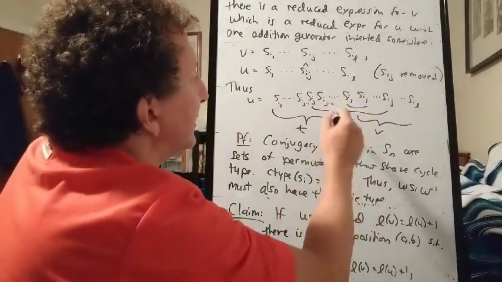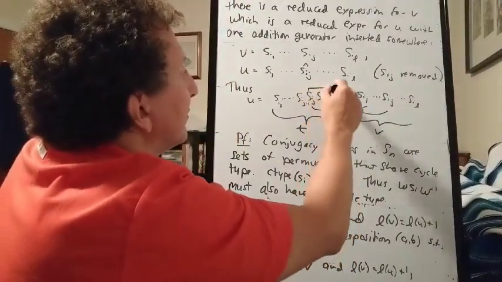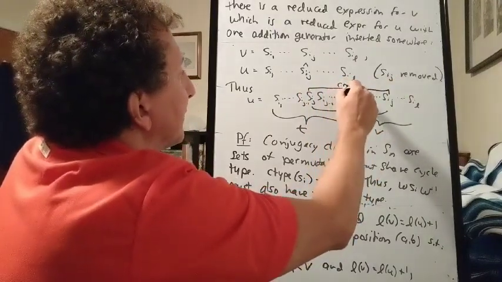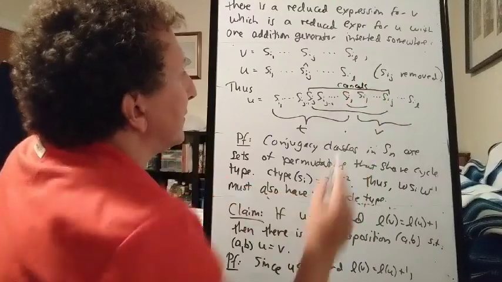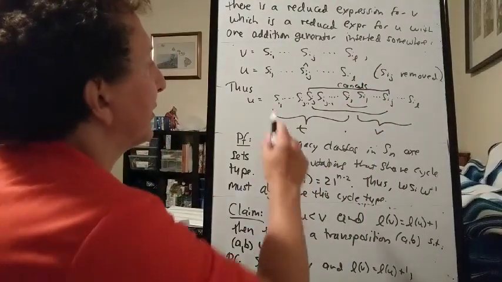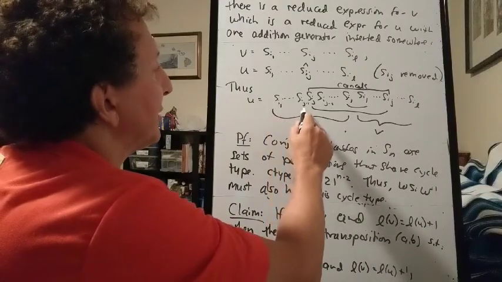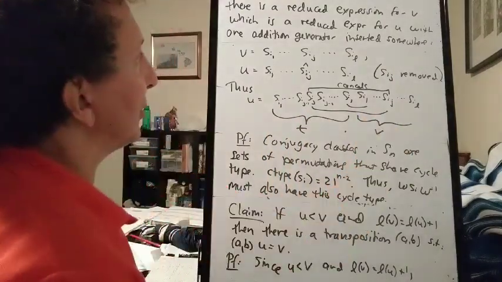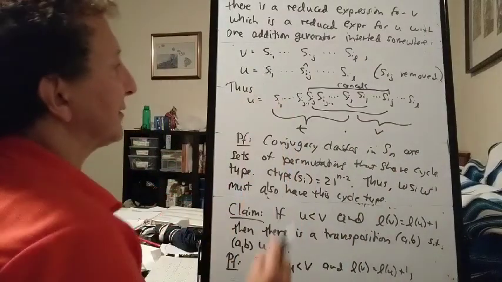And then all of this cancels. And that leaves us with Si1 through Sij minus 1, and then Sij plus 1 through Sil, which is precisely U.